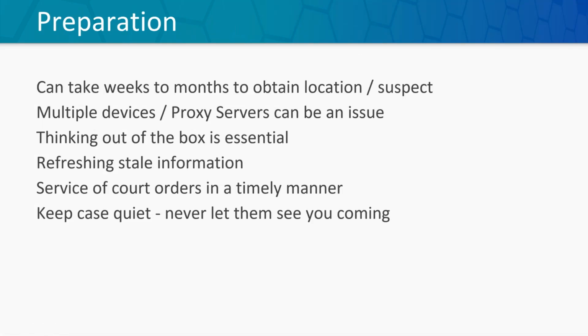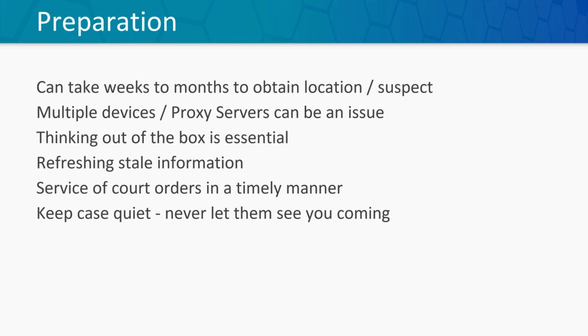And we all know this could take weeks and months to get to this point, okay? To get to the location, to get to the suspect. They could have been using multiple devices. They could have been using proxy servers. Those could always be an issue. Thinking out of the box is essential.